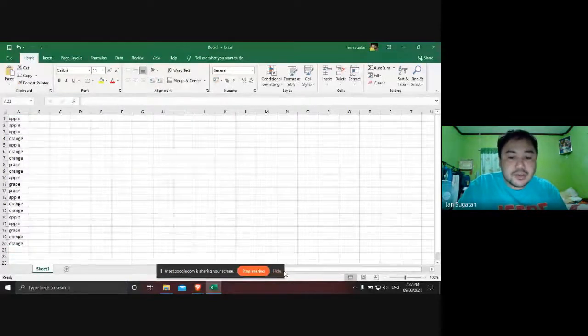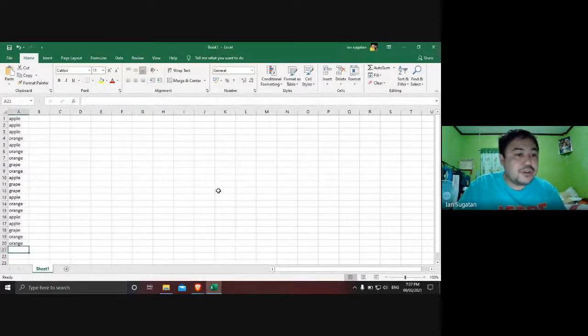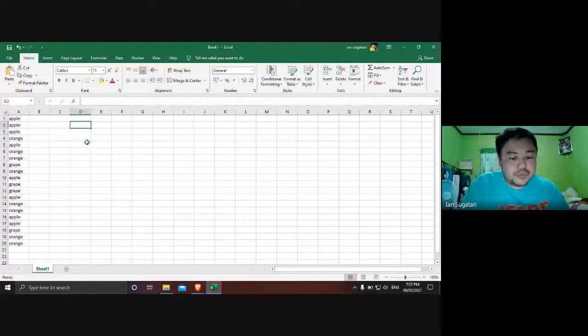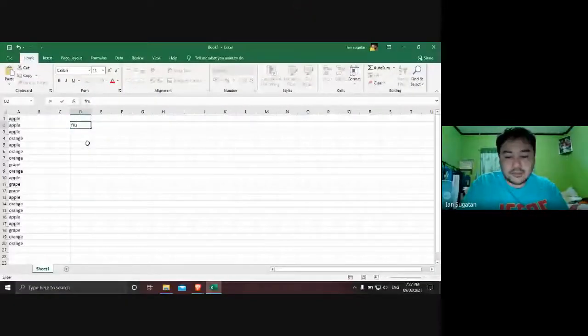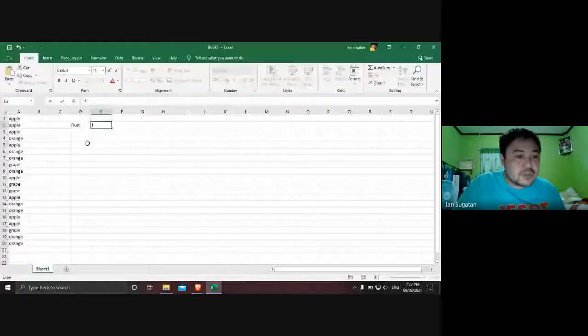Okay, so we have here a group showing how many times each fruit appears. We have three types of fruit: apple, orange, and grape. What we're going to do is put the tally. The total population is 20 because, all in all, there are 20 fruits. If you're going to label this, you put there Fruit, then F. F refers to the frequency, guys.